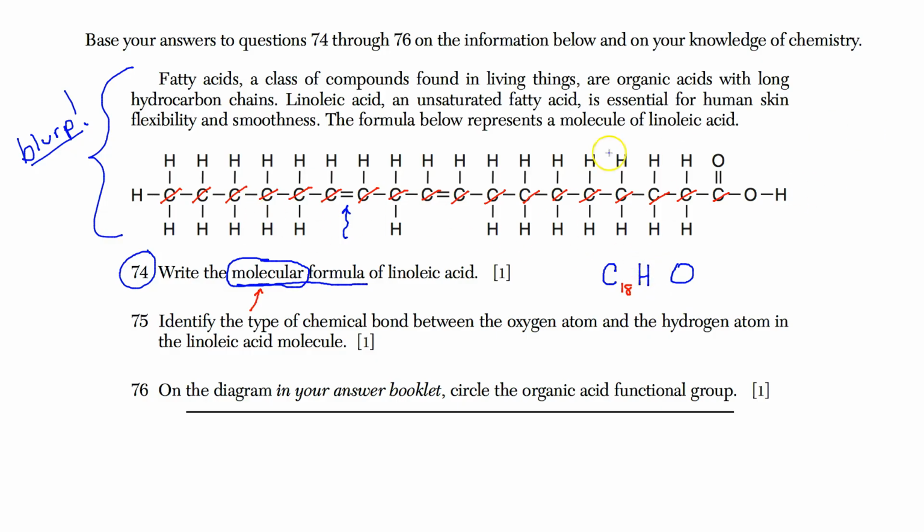Let's do the H's in a different color: 1, 2, 3, 4, 5, 6, 7, 8, 9, 10, 11, 12, 13, 14, 15, 16, 17, 18, 19, 20, 21, 22, 23, 24, 25, 26, 27, 28, 29, 30, 31, 32. So I've got H32, and by heck, another color. Let's count the oxygens. That's an easy one, and that's 2. So what I get here is essentially C18H32O2, and let's put that down in the answer booklet.